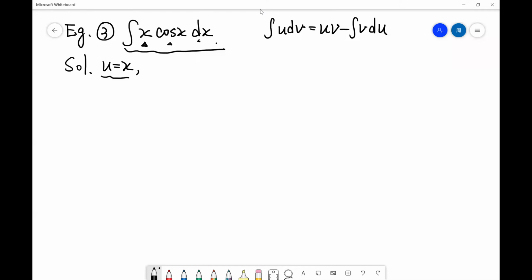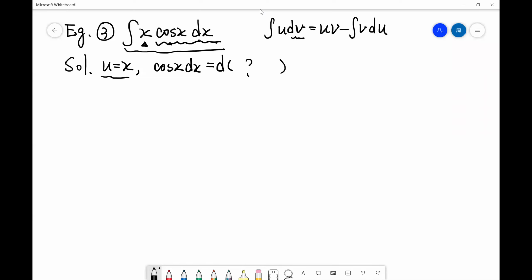So u can be left here, and the cosine x dx should be changed to the type dv. So here we should consider that cosine x dx equals d what.